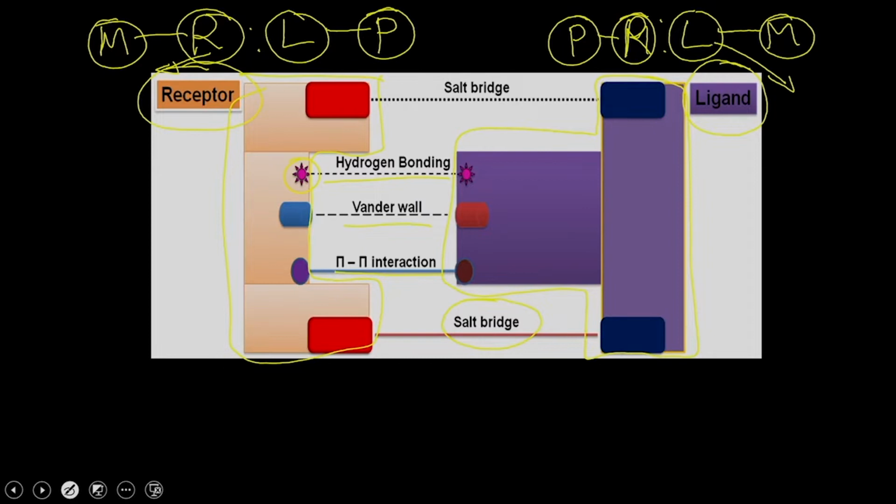In a few cases you will couple the ligand, and in a few cases you will couple the receptor to the matrix.